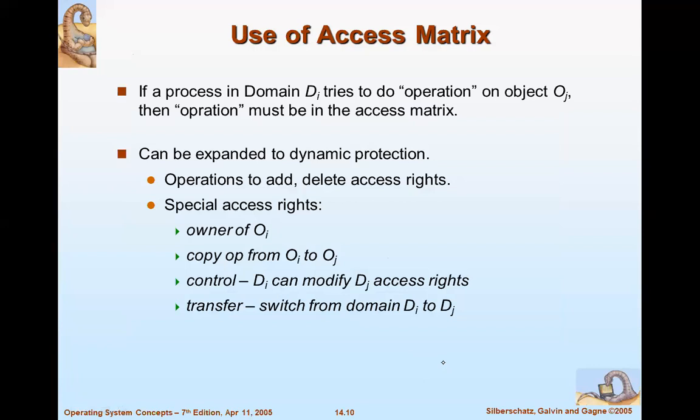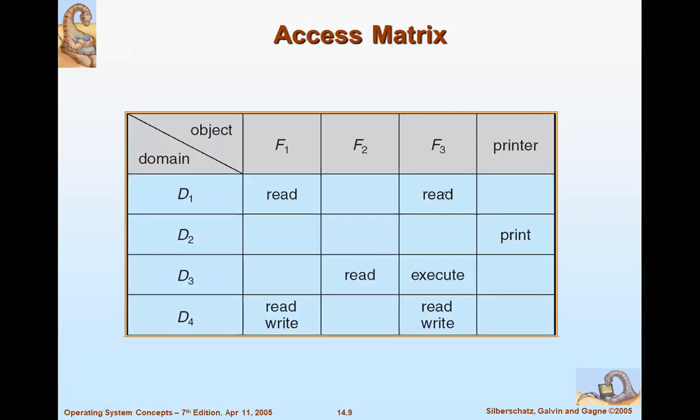If a process in domain Di tries to do an operation on object Oj, then the operation must be in the access matrix. And as you know from the last slide, look at this, you cannot do print with F3 in any domain. You cannot do print or execute with F2.